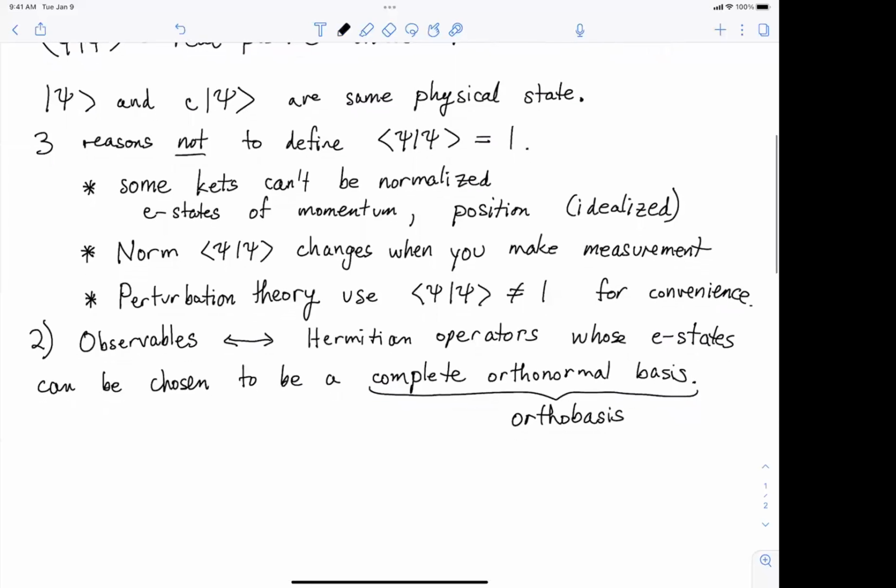Okay, so what that means is, let's say I have an observable A. The orthobasis states can be written like this. Okay, so the fact that these are eigenstates means I have an eigenvalue alpha. And so it satisfies this equation.